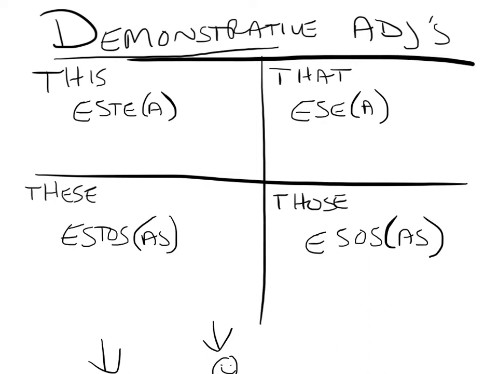One way to remember this is to say to yourself that this and these both have T's, and that and those do not.